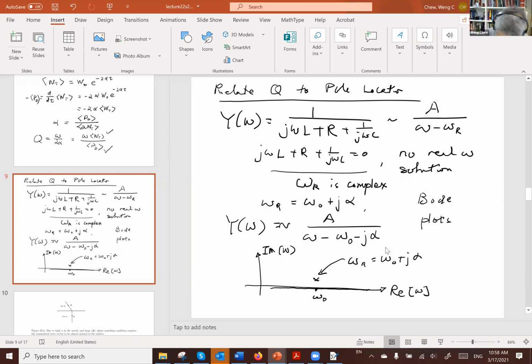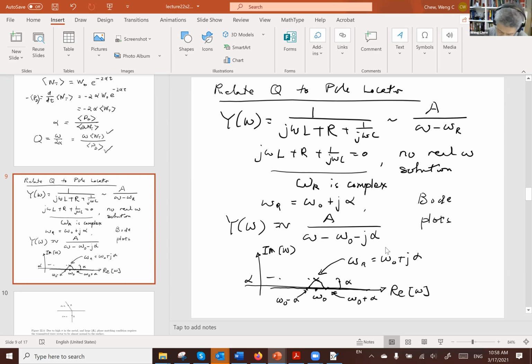And you can do some trigonometry to show yourself that when you are over here, this displacement is alpha. This distance from the real axis is alpha. You can see that when omega is equal to omega naught plus alpha, and omega naught minus alpha, then the signal is 1 over square root 2 of its original value.